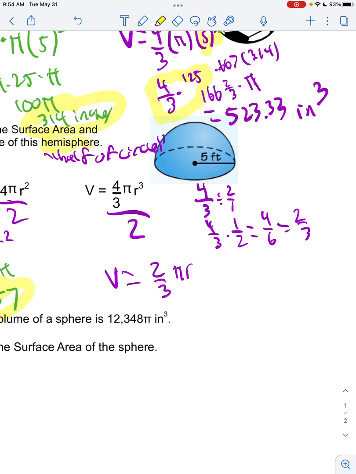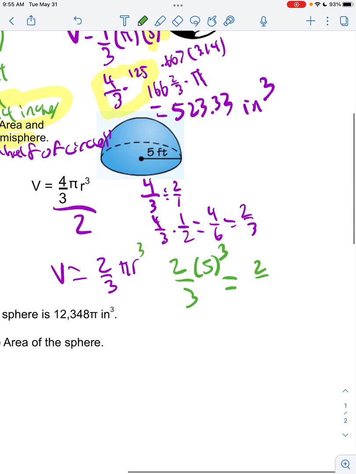Over here, 2/3 times my radius. Forgot the cubed here. 2/3 times my radius cubed. So 2/3 times 125. 150 over 3, which is 50, and then we still have pi.